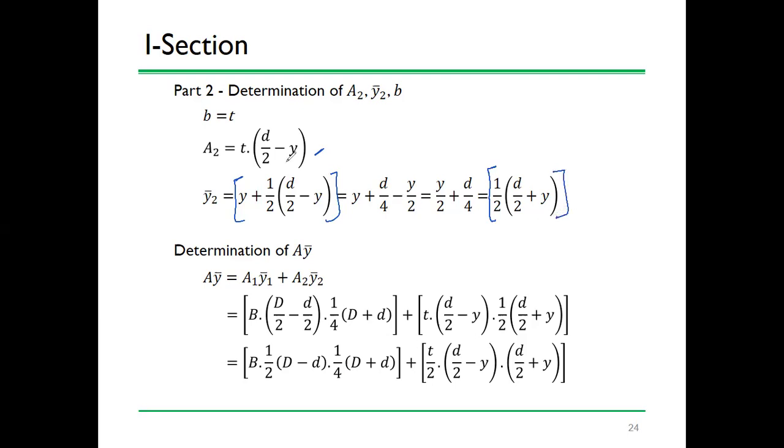Okay? So these components, as I said, we have to calculate our Ay bar as A1 y bar 1 plus A2 y bar 2. So with the various parts, putting them together, we'll have something like this. The first term represents A1 y bar 1 and then A2 y bar 2.